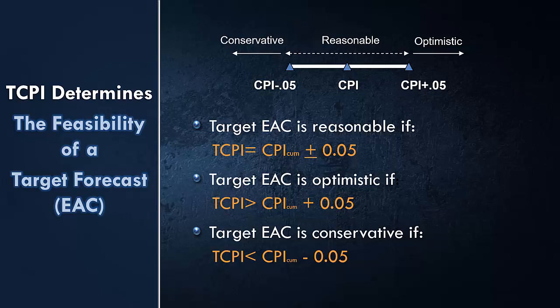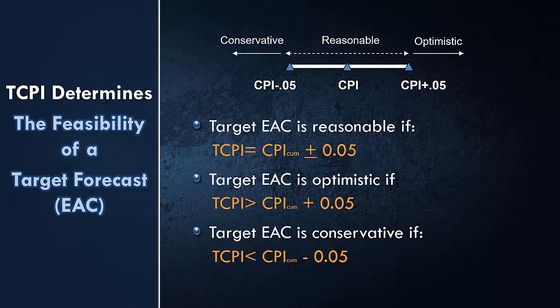So it might be a bit conservative depending on how far your TCPI is from your CPI. So that's basically the range that you need to assess when you are given a TCPI, by comparing to your CPI, and then evaluate whether your forecast is reasonable or not.